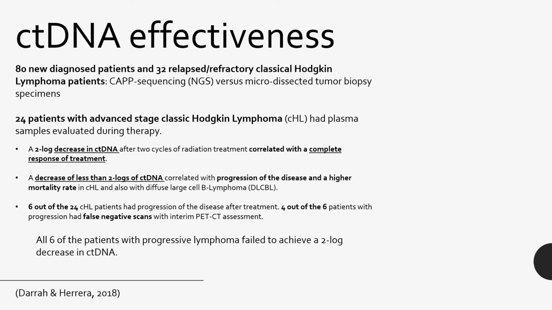This data suggests that genotyping using circulating tumor DNA may have relevance in assessing the status of lymphoma patients while undergoing treatment, which can aid in tailoring the proper treatment for the individual patient.